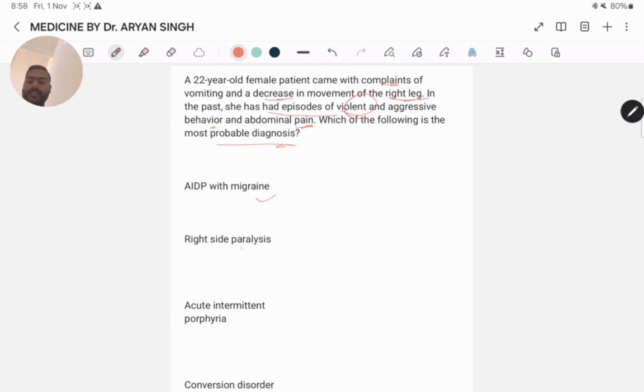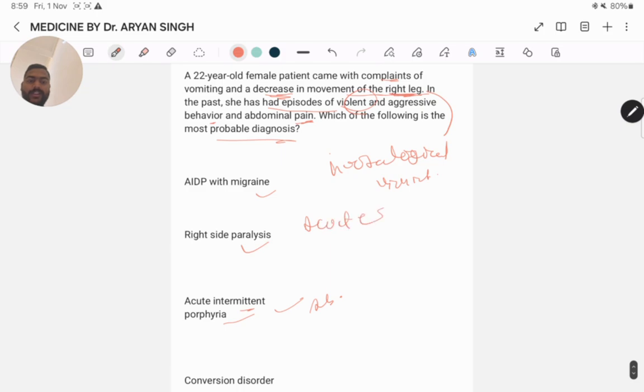AIDP, migraine, right side paralysis, acute intermittent porphyria. This one is the answer, because the clinical scenario describes decreased movement of the right leg, which means neurological symptoms, in a young female with a history of episodic attacks of abdominal pain and aggressive behavior, meaning mental symptoms. This is consistent with the diagnosis of acute intermittent porphyria. So this one is the answer.